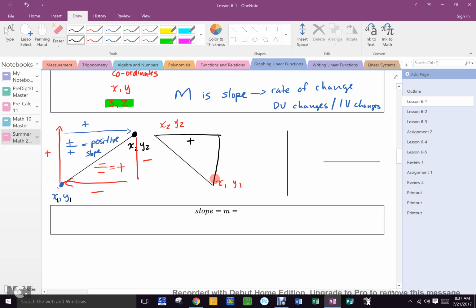And then I go down, which is what? Negative. Two different signs means what? A negative slope. Is everybody cool? Sydney. Yes, absolutely correct. Everybody good?